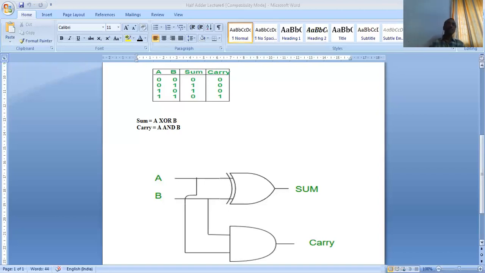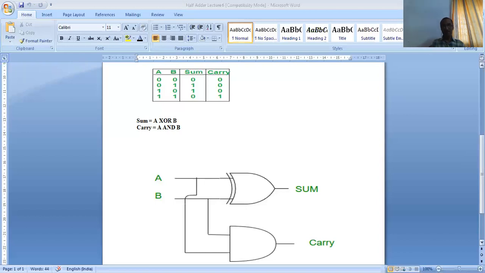See friends, when A equal to 1, B equal to 1, the output of the upper XOR gate is equal to 0. Okay, that is sum equal to 0.